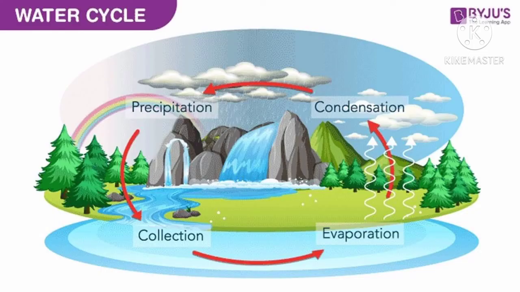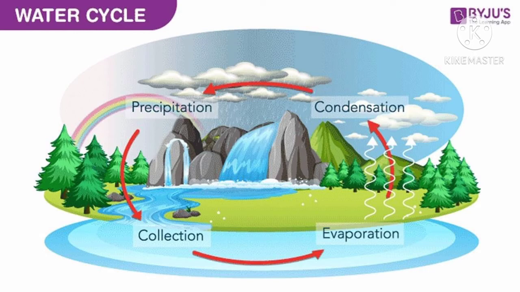The water cycle shows the continuous movement of water on, above, and below the surface of the Earth. It includes processes such as evaporation, condensation, precipitation, and collection. In evaporation, water in any form becomes a vapor.